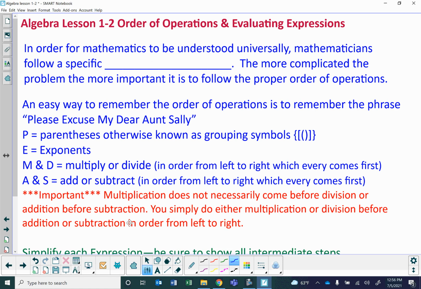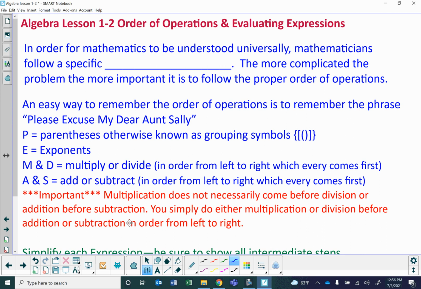From here, we can move to understanding a little bit more about what we're going to be doing. It says, in order for mathematics to be universally understood, because it's a worldwide language. It's one of the few things that students, whatever their nationality, whatever language they were born speaking, share.